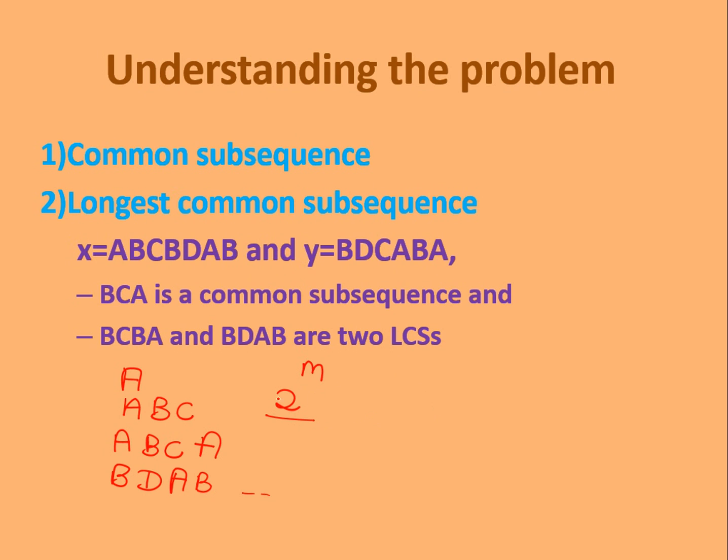Now we generate each subsequence and check if that subsequence is present in y. So we'll traverse y completely for each subsequence generated from x. So its time complexity is n times 2 to the power m.